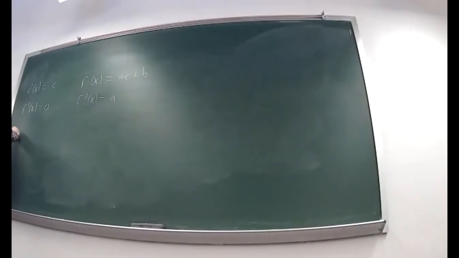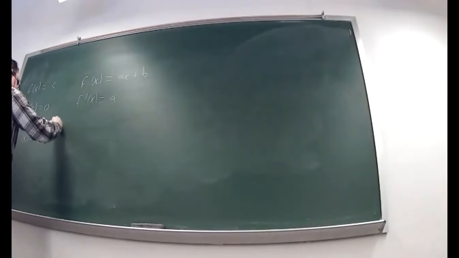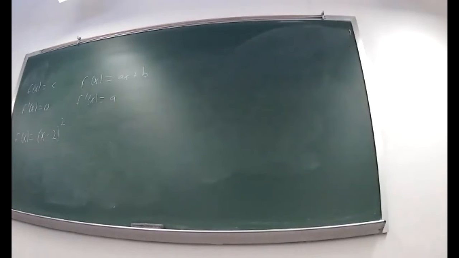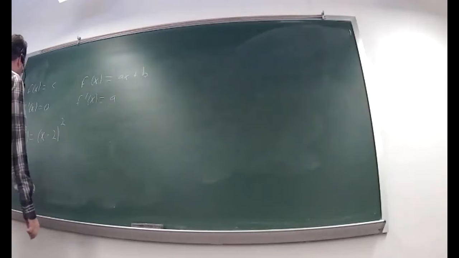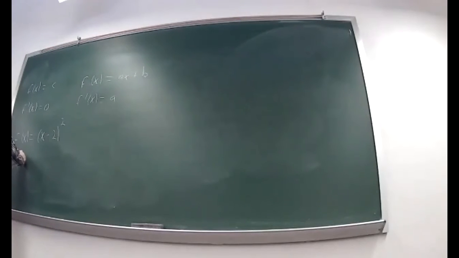Let's go ahead and do this. f of x equals (x minus 2) squared. And let's take f prime of 3. So, I've been calculating f prime of x.